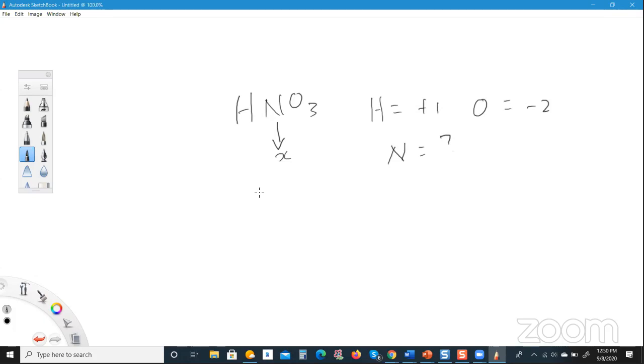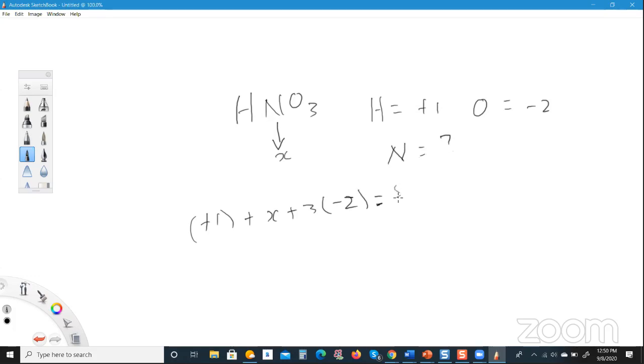And we exploit the fact that because this is neutral, the sum of the oxidation numbers here will be equal to 0. So this will be +1 plus X for the nitrogen, plus 3 times that for oxygen, which is 3 times -2, and that would be equal to 0.